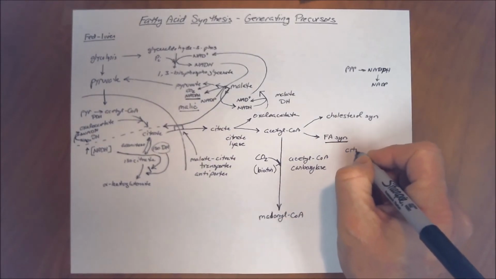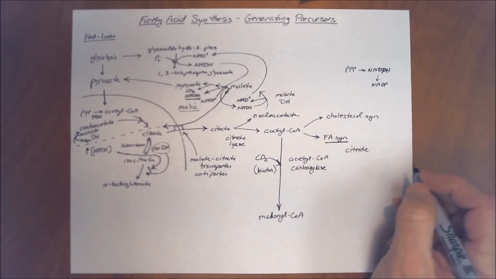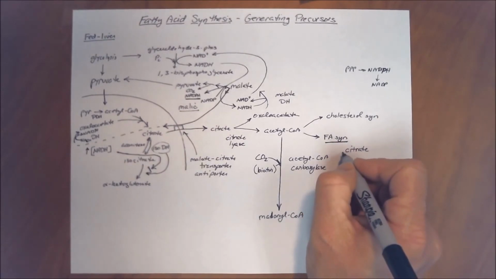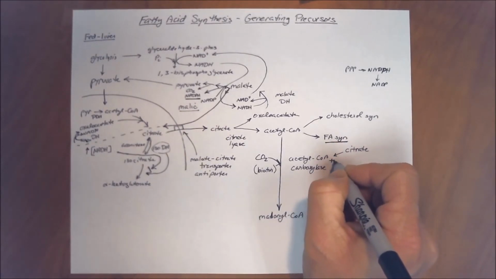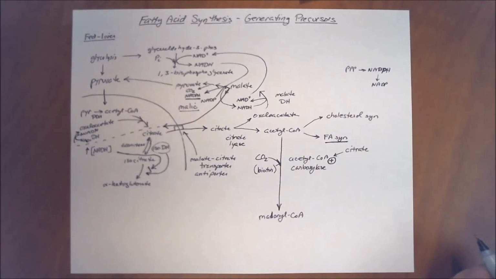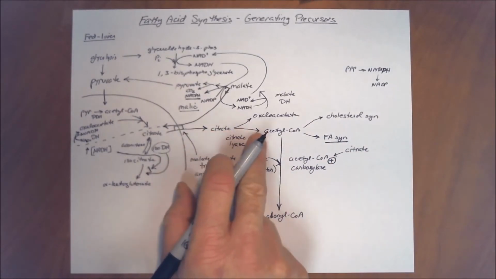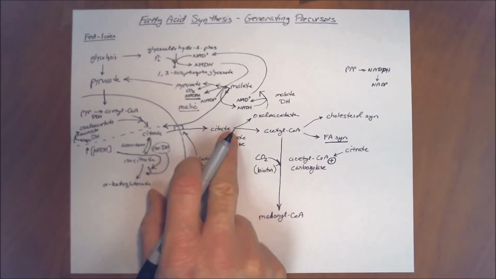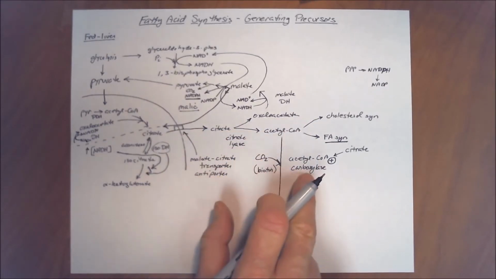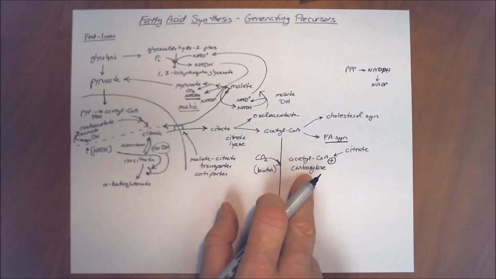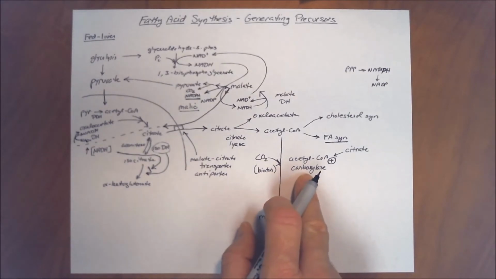So as citrate becomes available in the cytoplasm, citrate will activate this enzyme. So that's a feed-forward. Citrate coming out indicates let's have fatty acid synthesis begin. Let's activate the enzyme, which is the rate-limiting step and entrance into the fatty acid synthesis pathway.